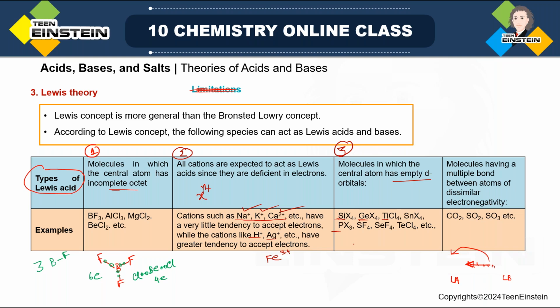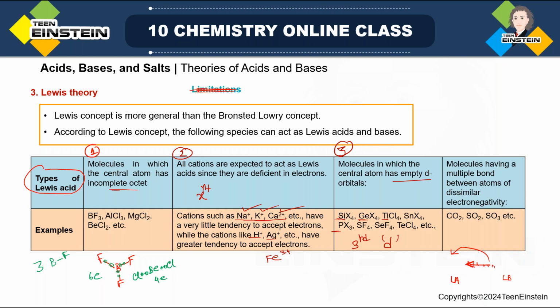The question of the presence of d orbitals arises only in the third period, because for second period elements like fluorine, oxygen and carbon, the presence of d orbitals is not possible. So here all the central atoms will be from the third period or higher periods, but not the second period.